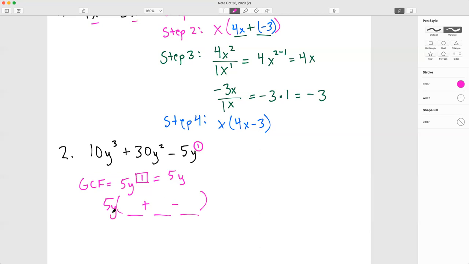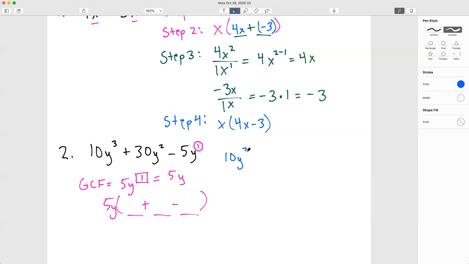So now I'll put the 5y out in front. We've taken out the 5y, so that means we're going to have each term divided by 5y: this divided by 5y, that divided by 5y, and this negative 5y divided by 5y. Let's do that real quick off to the side.